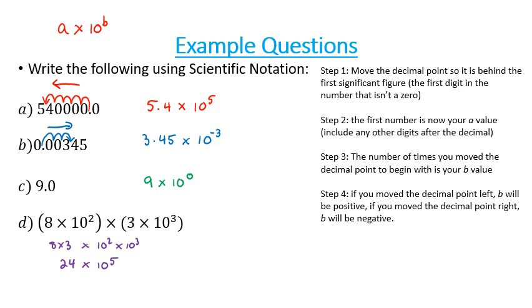We can't have 24, because our A value needs to be between 1 and 10. We now have to make it 2.4, which means we've moved the decimal point to the left. Therefore, we need to increase our power of 5 to a power of 6.